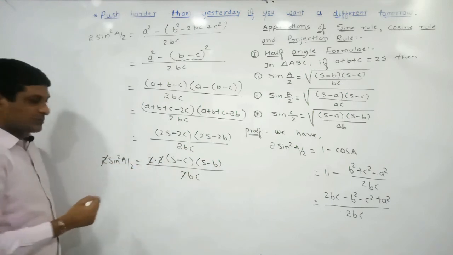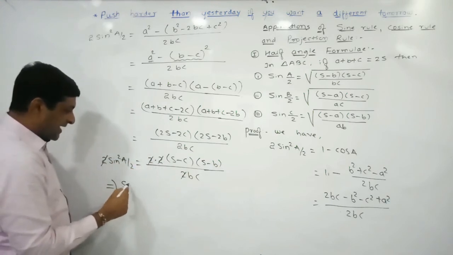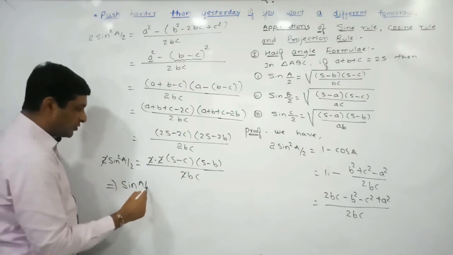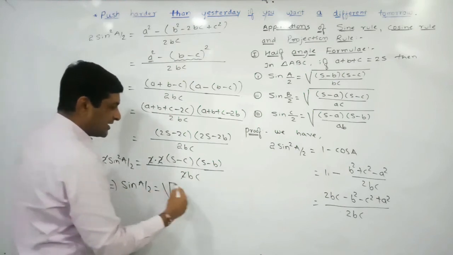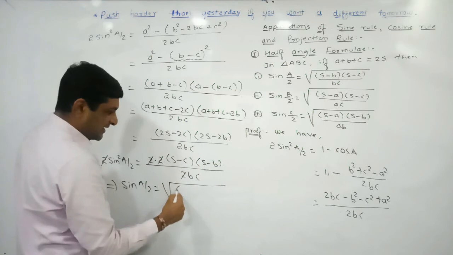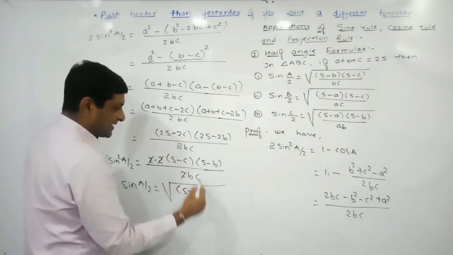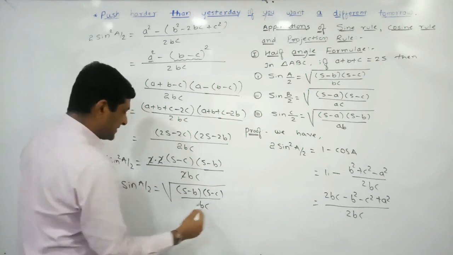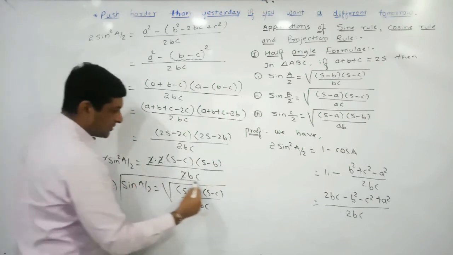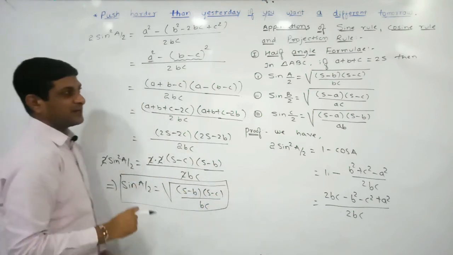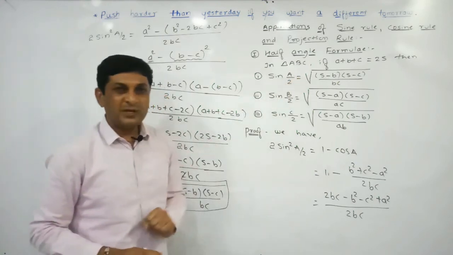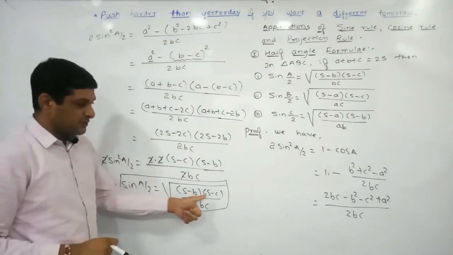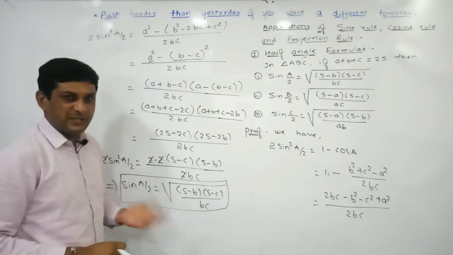If we take the square root on both sides, it implies that sine a by 2 will be equal to under root s minus b into s minus c divided by bc. In this way we have got our first required result, that sine a by 2 equals under root s minus b into s minus c divided by bc.